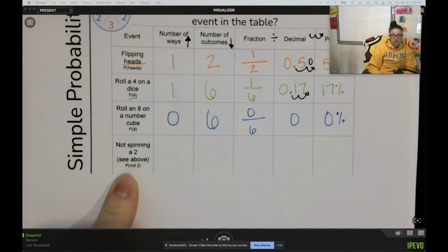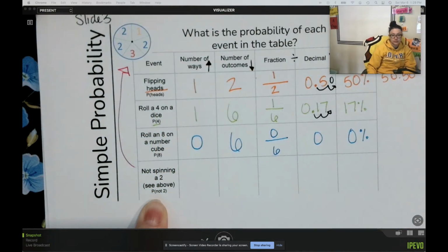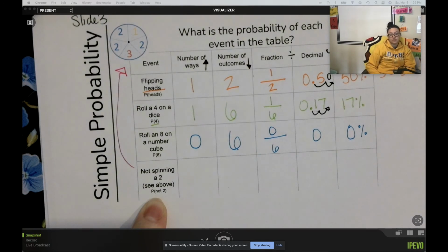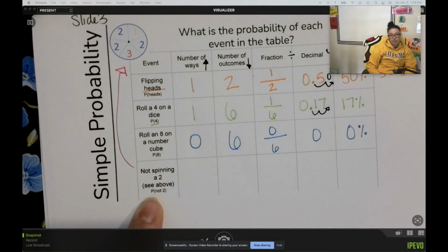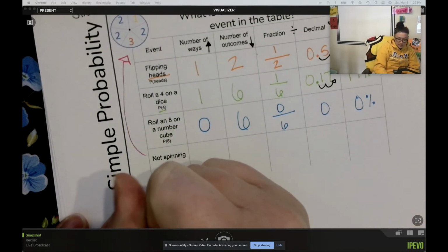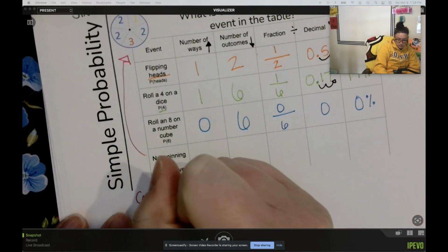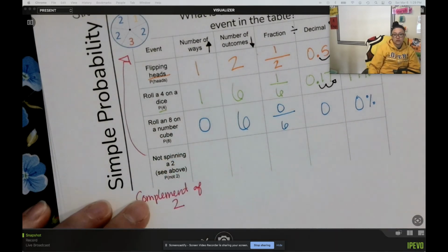This last one, we need to look at this spinner up top. So this says, what is the probability of not spinning a 2 on that spinner? The probability of it not being 2. Or we can also say it as the complement of 2.